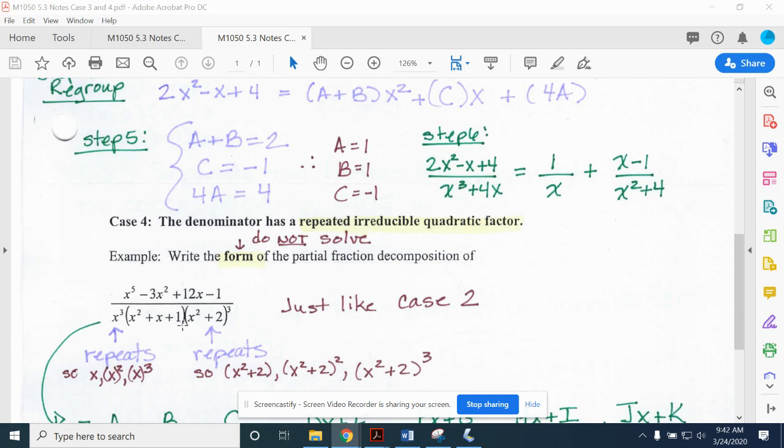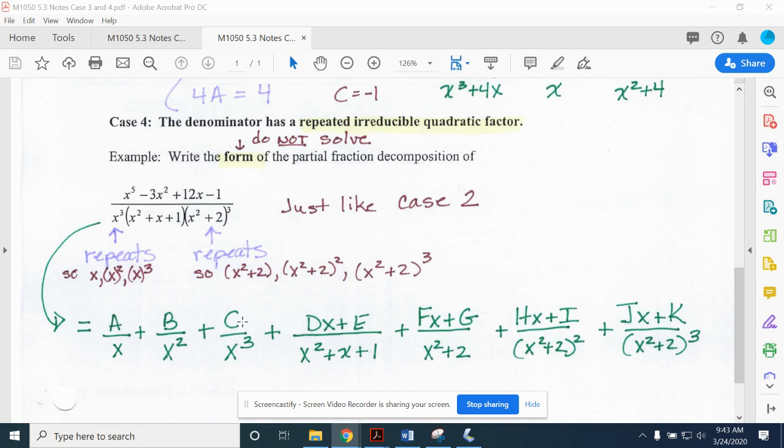On the other item over here, the binomial of x squared plus 2, that's a non-factorable or irreducible quadratic in the real number system. So we represent this 3 different ways: as a single, as a squared, and as a cube. And then the middle one, the trinomial, is just to the power of 1, but it's irreducible as well, so we leave it as is.